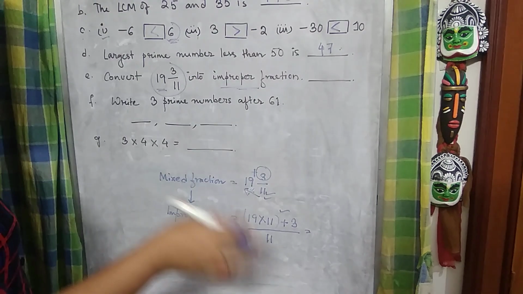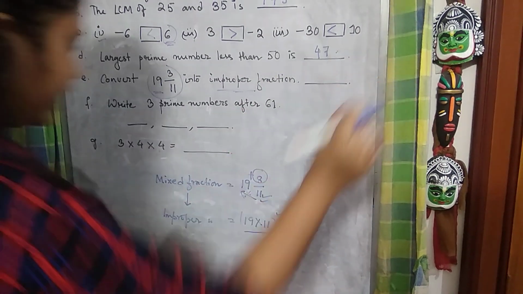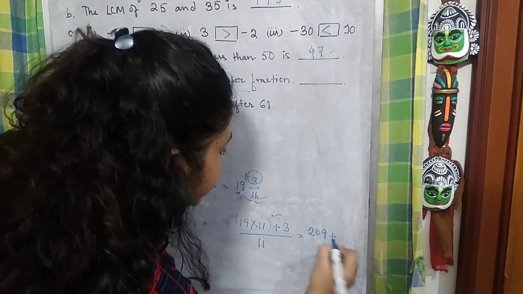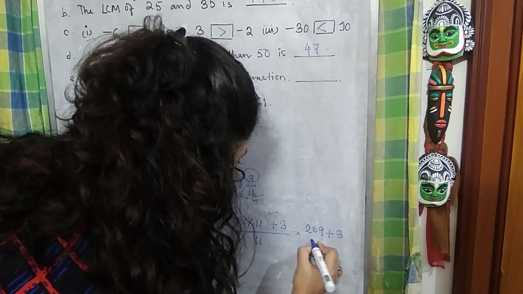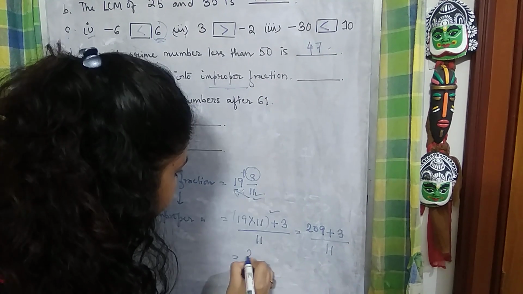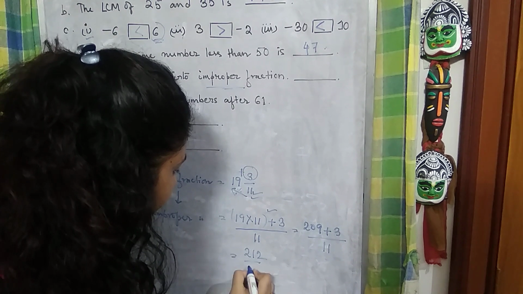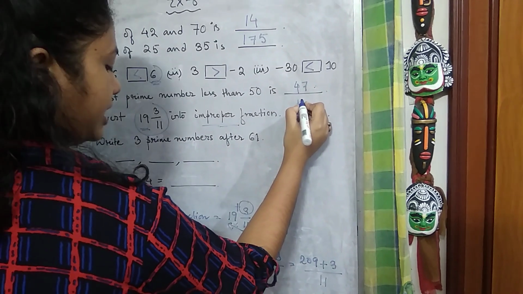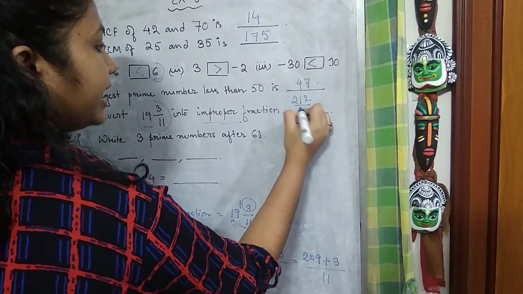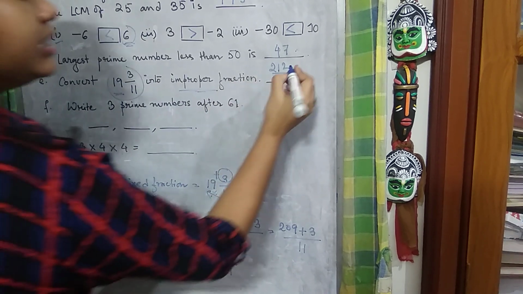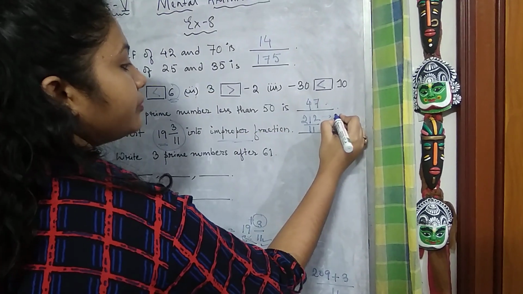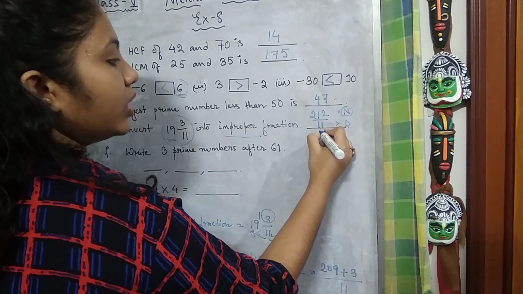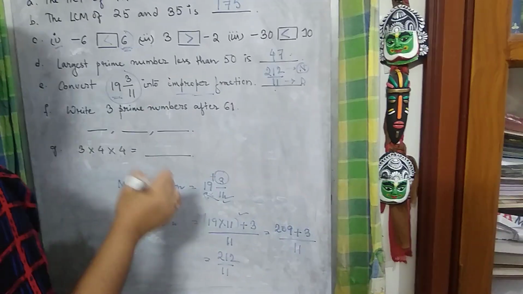After the calculation, 19 into 11 is 209, plus 3 gives 212 by 11. So the improper fraction will be 212 by 11. One thing always keep in mind: an improper fraction will always have a numerator bigger than the denominator. The lower number will be smaller than the upper.